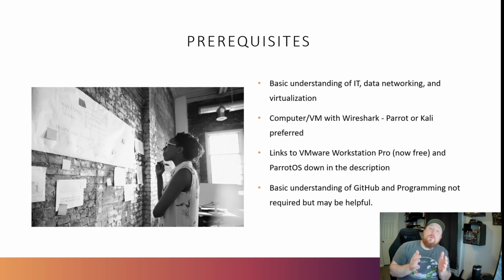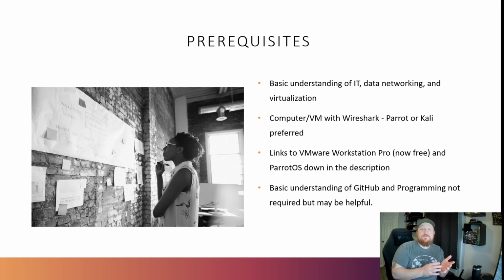So let's talk about what you need set up to follow along. First and foremost, you're going to need some basic level of IT training or experience and a basic understanding around data networking and virtualization. I'd say around the CompTIA A+ certification level of knowledge. You'll also need at least a computer with Wireshark installed, preferably a laptop or a VM running Parrot or Kali Linux, but Windows or Mac will work with most of these videos in a pinch.